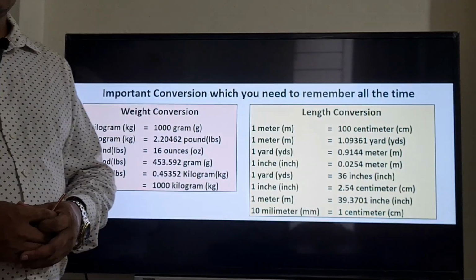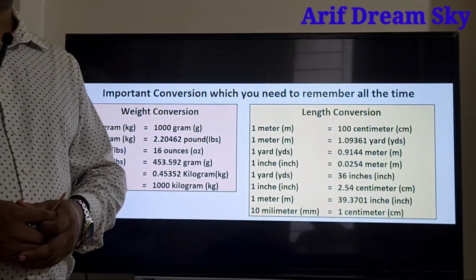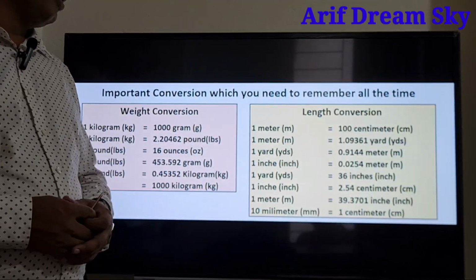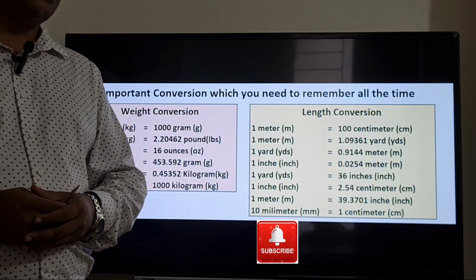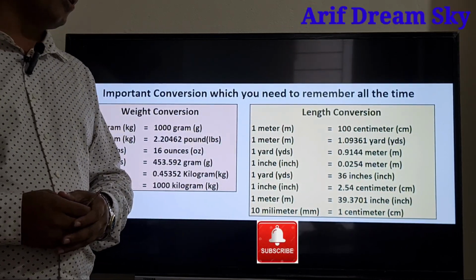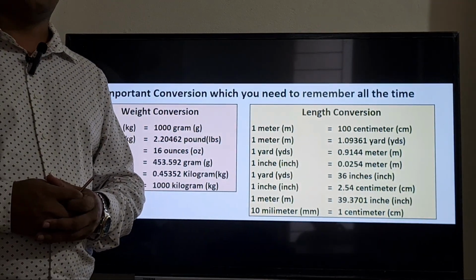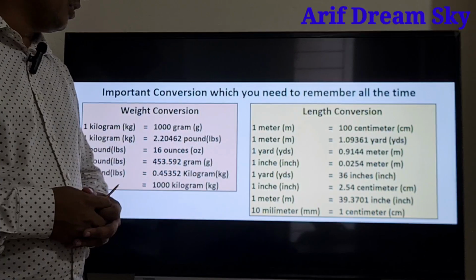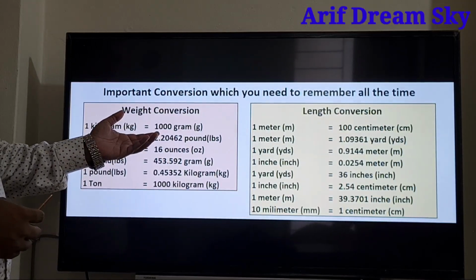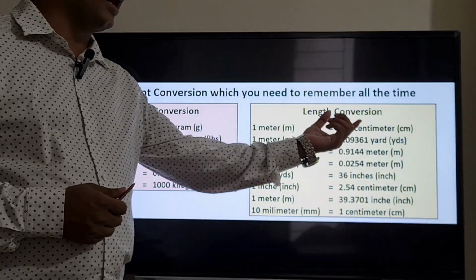Before starting to explain the rules, I would like to share some conversions with you. I know these are very common, but you have to focus on this point so that you do not forget any of these conversions if you want to work in garments merchandising. I have mentioned weight conversions and length conversions.